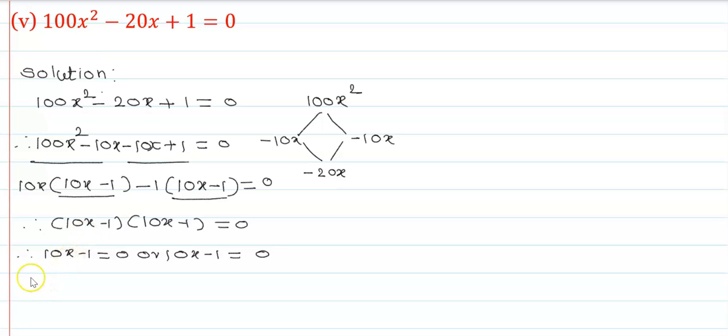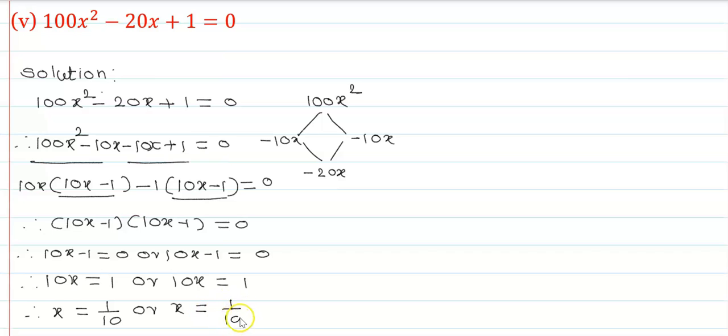And therefore, here 10x is equal to 1, or 10x is equal to 1. Therefore, x is equal to 1 upon 10, or x is equal to again 1 upon 10. Here the roots are repeated. Therefore, we'll write here the answer.